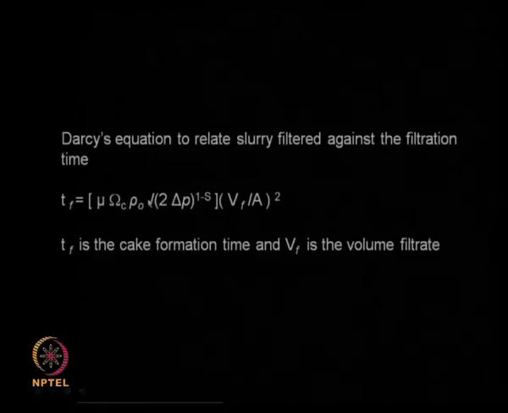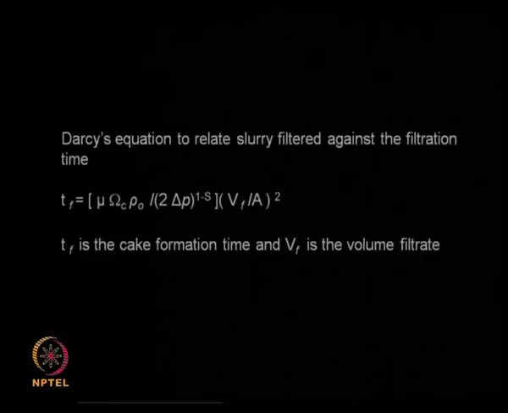Here we have assumed compressible solids, that is why you have delta P raised to the power 1 minus S, okay, do not forget that. If there is no compressibility, then that term will disappear, the S term will become 0.